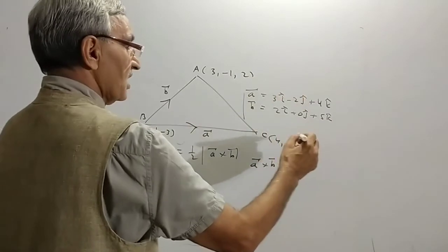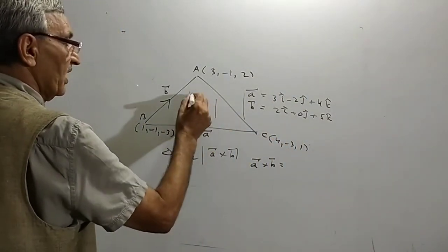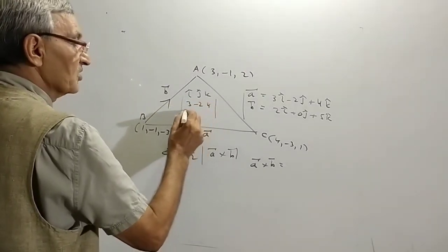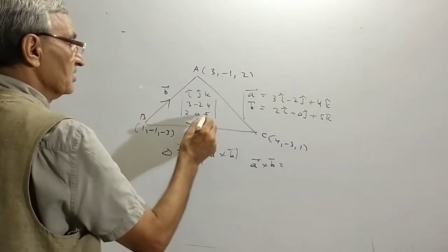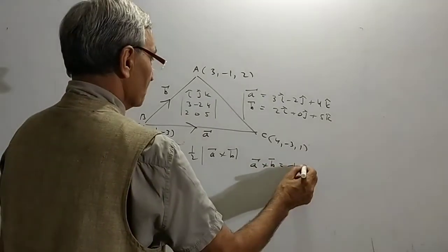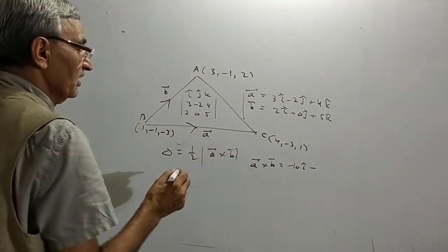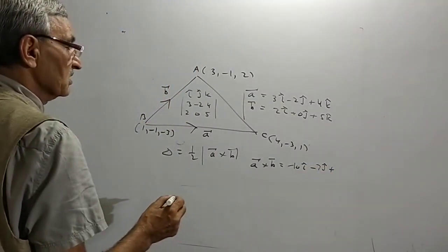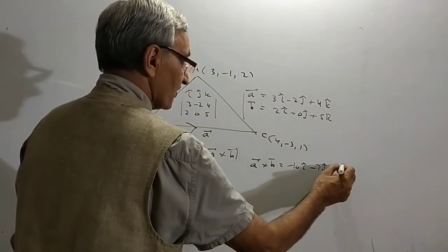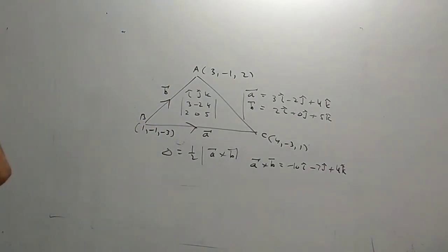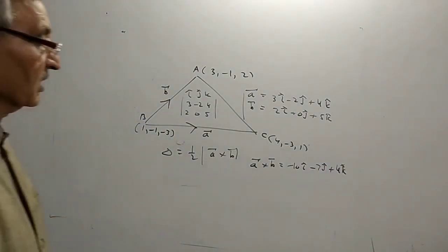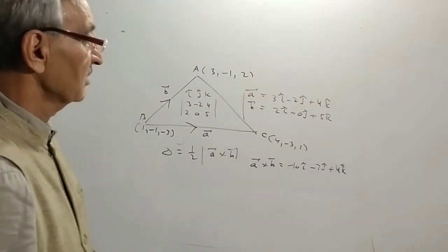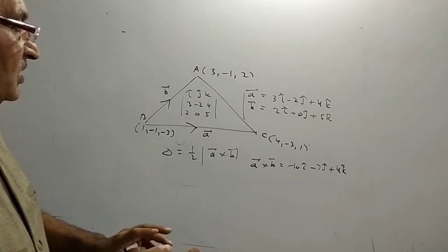A cross B is equal to the determinant with rows i j k, 3 minus 2 4, and 2 0 5. So this is equal to minus 10 into i, minus 15 minus 8 is minus 7 j, plus 4 k. So we get minus 10, minus 7, 4 in components.